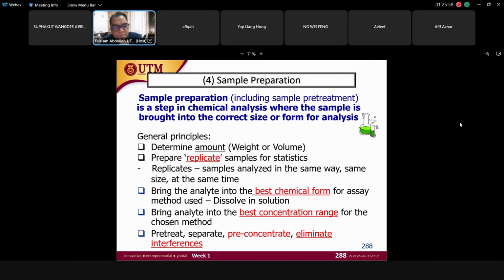Then you do some pre-concentration. We remove as much solvent as we can and concentrate the analyte. And eliminate interference, that is the most important thing. Some samples you need to heat at a certain temperature to remove all the organic interference that can affect the reading of the sample.